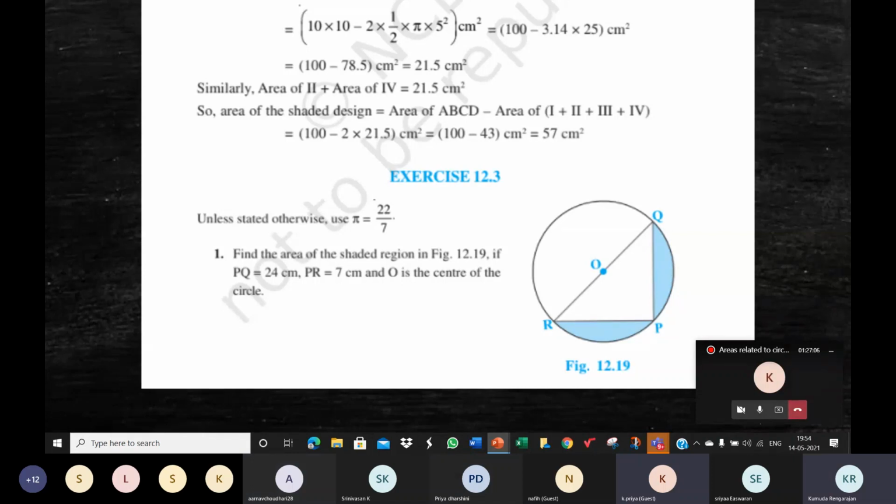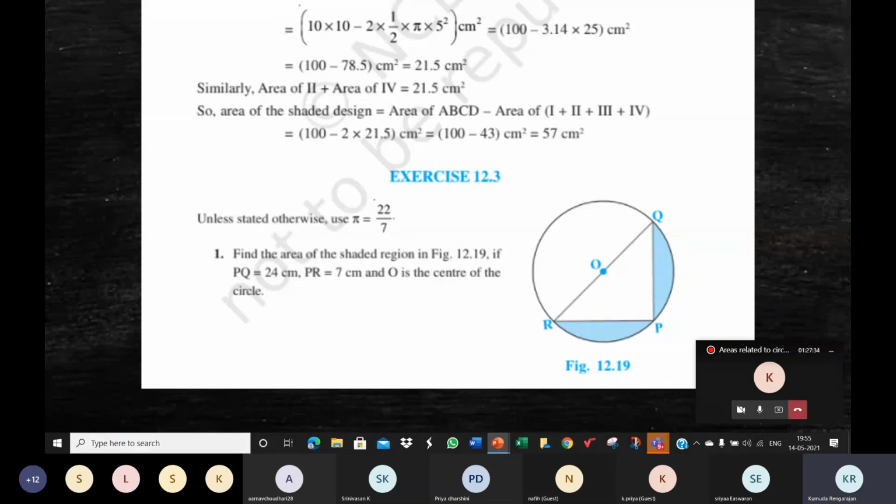Area of the semicircle, not area of circle. So half pi r square. Area of the semicircle minus the area of the triangle will give us the area of the shaded region. And for the circle, we know the radius. For the triangle, we have the base and height to find its area. That's it.